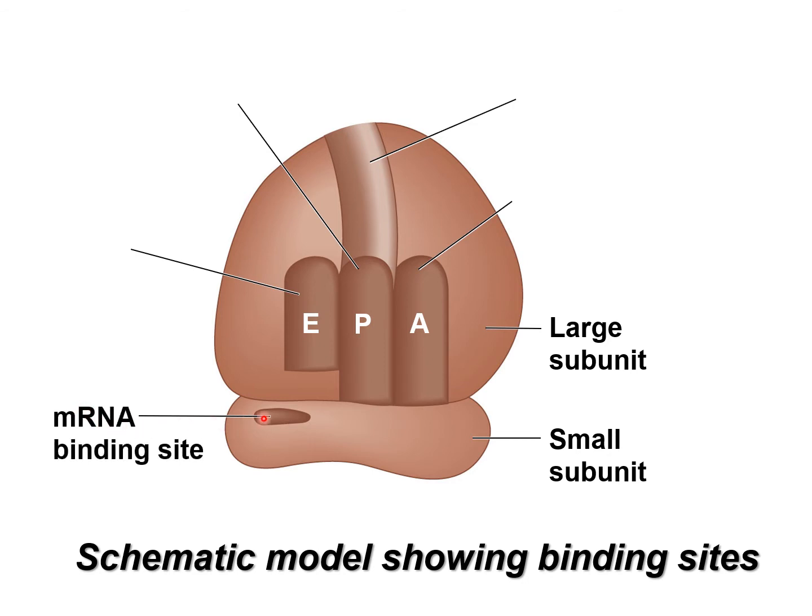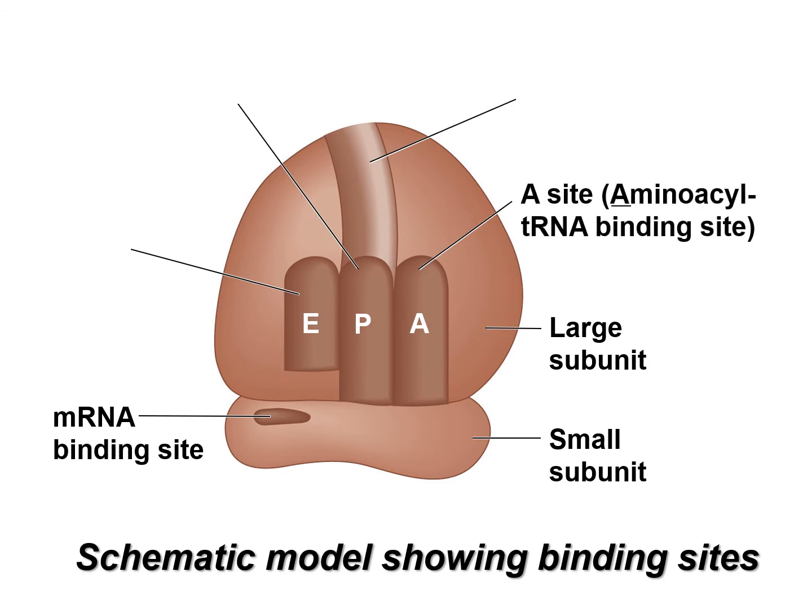The mRNA comes in and moves into what looks like a hole here, but it's more like a hot dog bun, in that the RNA will slide through there and have some interface with the large subunit and the tRNAs. We have the A site. This is the aminoacyl tRNA binding site, and this just means a tRNA with an amino acid attached to it. This is where those tRNAs come in.